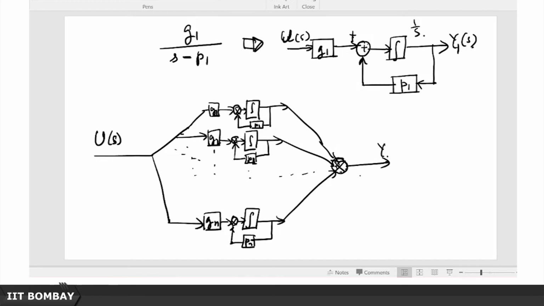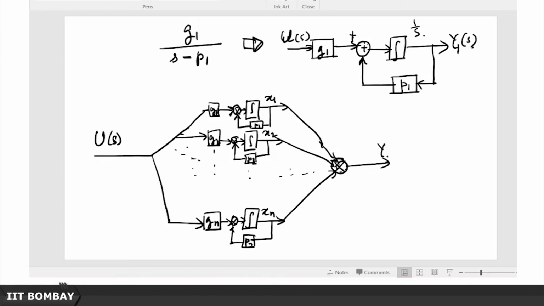But what is so curious or interesting about this? If I now use the same physical notion as what I started with, call the output of each such integrator a state. Let me call this x1, this x2, this xn.